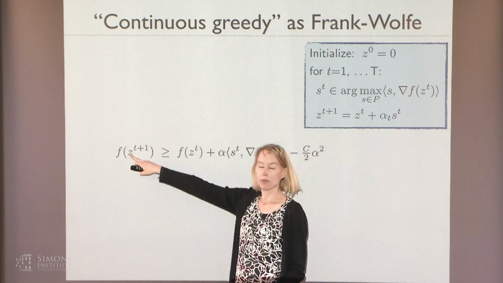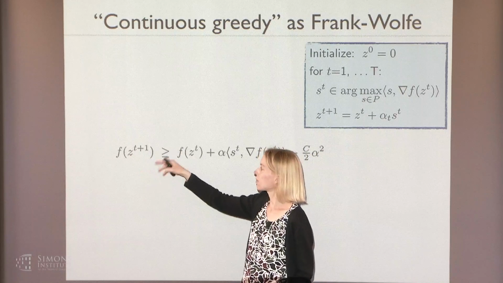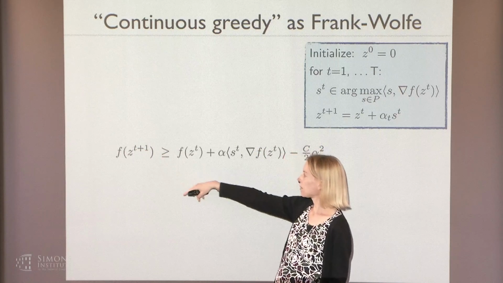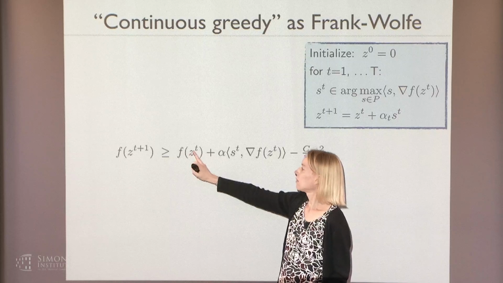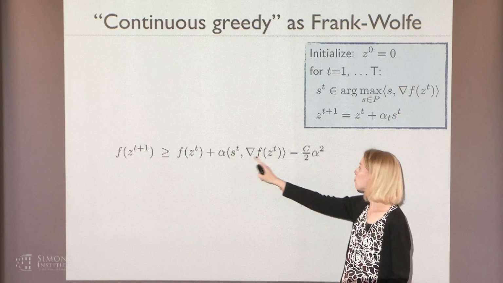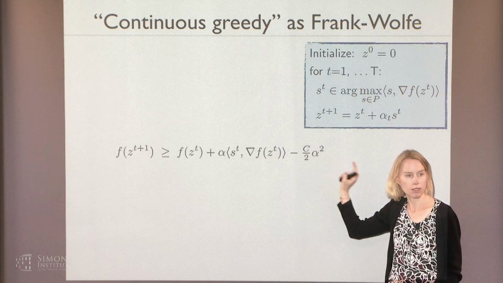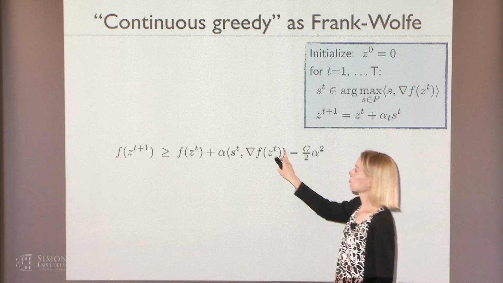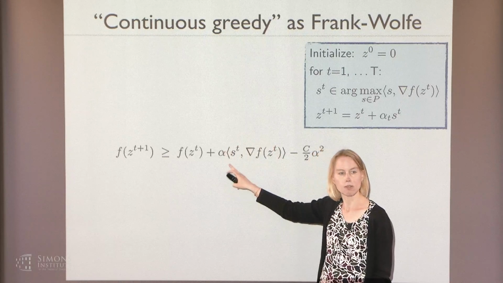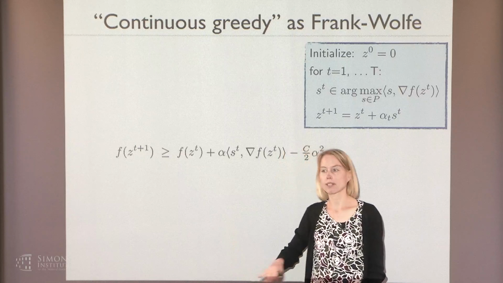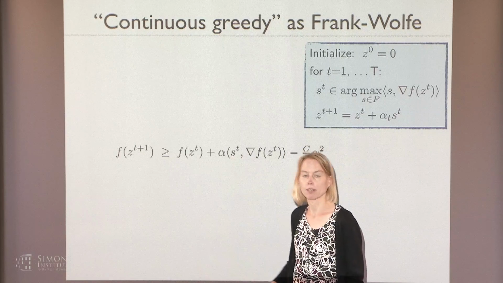So progress I make in each step: by going to step T plus 1, I'm lower bounded by the previous point plus the gradient times the direction I went into plus some second order terms. This is just a Taylor approximation. So now what you typically do is use this and use convexity and show that you're making sufficient progress and you get the standard 1 over T rate.